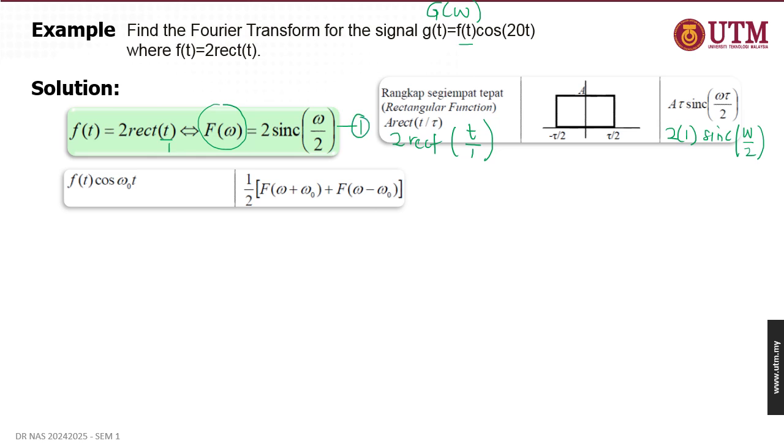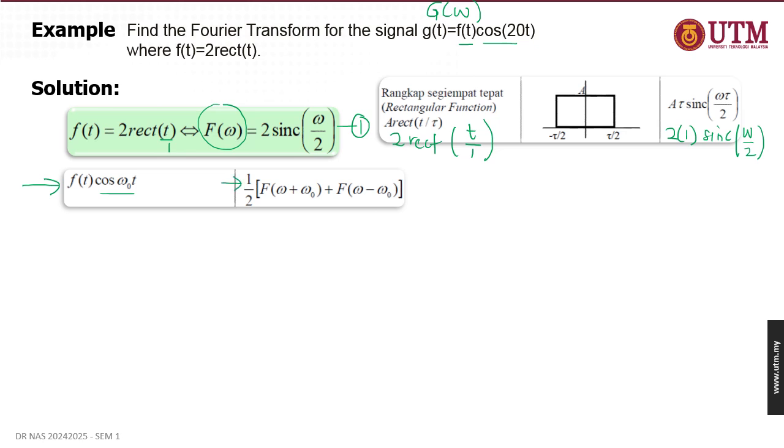Now to solve for g(t) to get G(omega), it is a multiplication between the signal and a cosine function. So this is a frequency shift signal, or modulation. You need to refer to the table. For this function, it will produce this equation in the frequency domain.